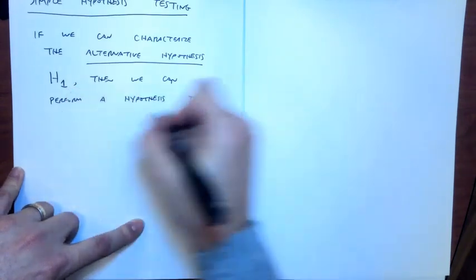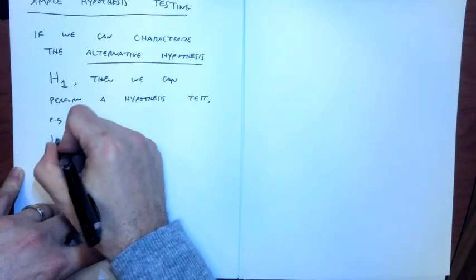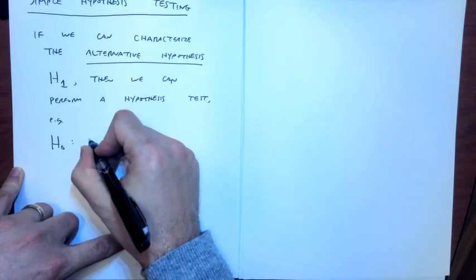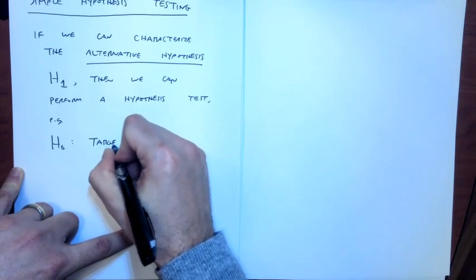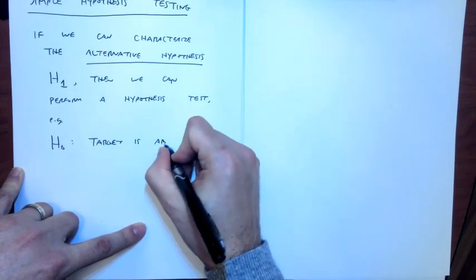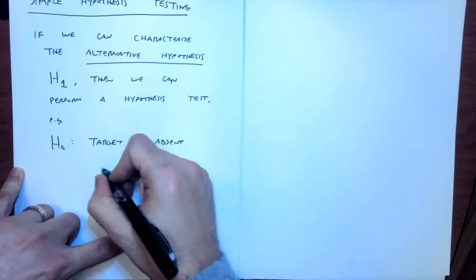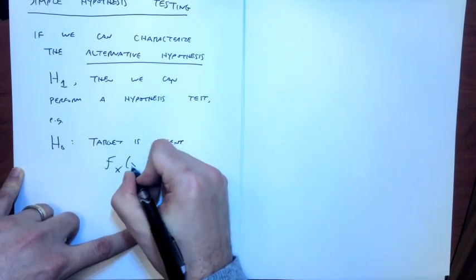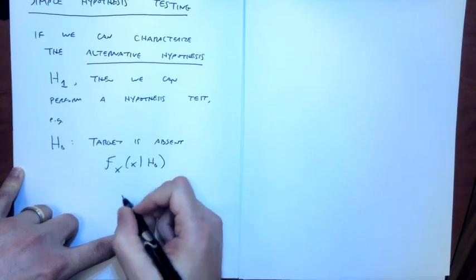For example, maybe H0, my null hypothesis, is that the target is absent, and I have some distribution of what the observation should look like in that case.